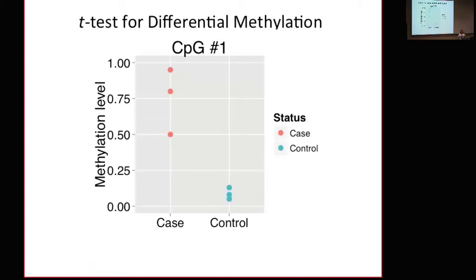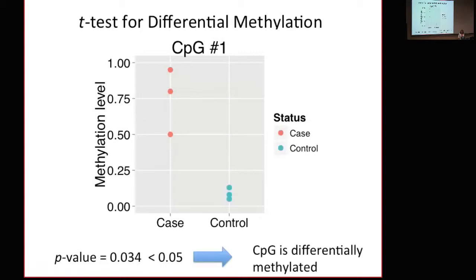If the methylation values are not very variable and they're very tight and very different, then the t-test will tell you, yes, that's definitely different. So rather than putting up an equation on the screen, I'm just going to provide a p-value, which is essentially the result of a t-test. All you need to know is that if a p-value is less than some threshold, often 0.05, then we would say this CpG is differentially methylated. Does that make sense?